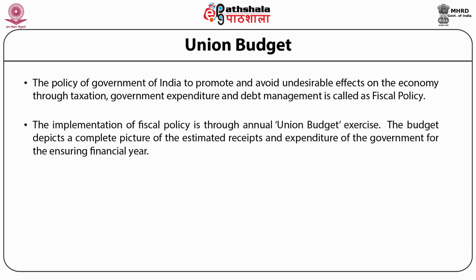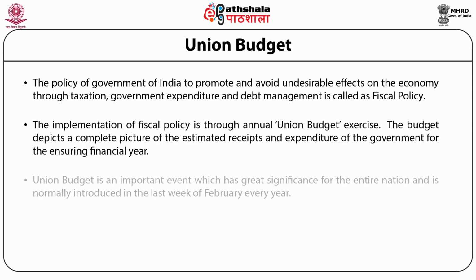The budget depicts a complete picture of the estimated receipts and expenditures of the government for the ensuing financial year. The Union budget is an important event which has great significance for the entire nation and is normally introduced in the last week of February every year.